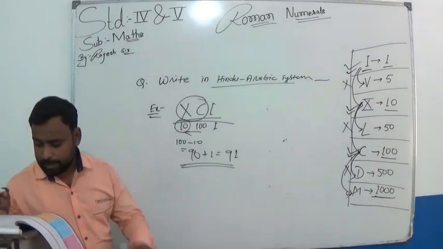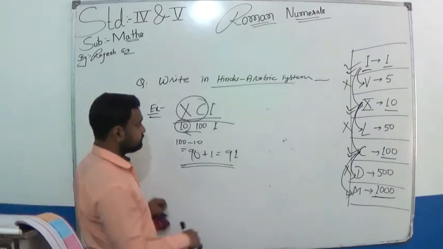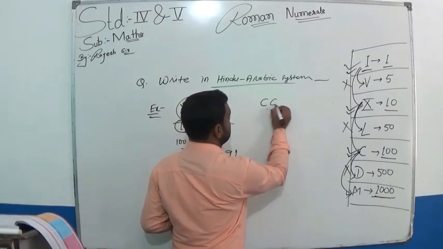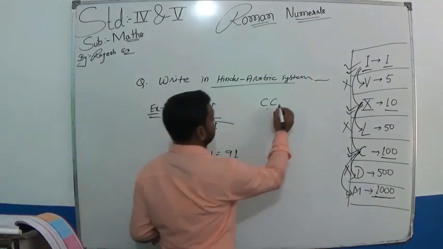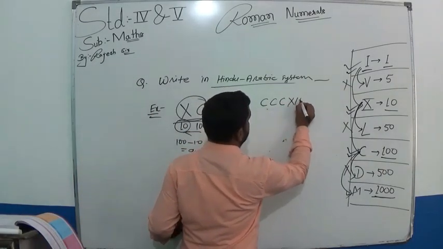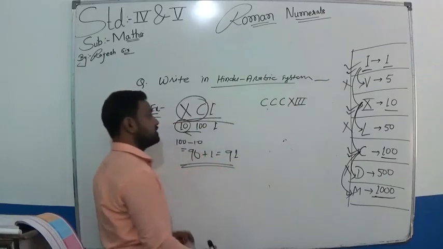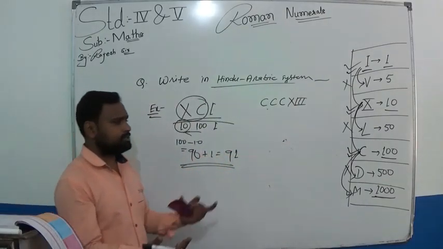Next, see one more example: CXIII, that is C, X, and I three times. It is very simple.